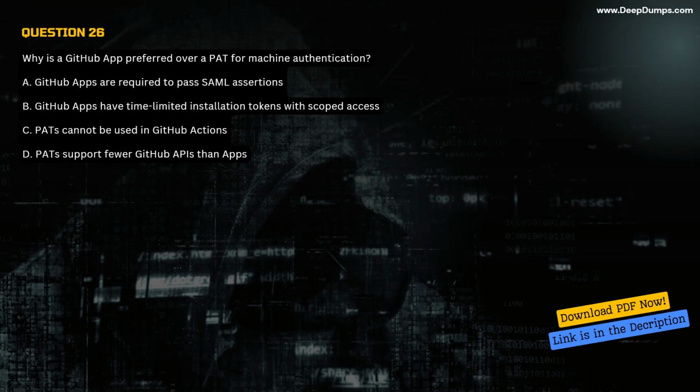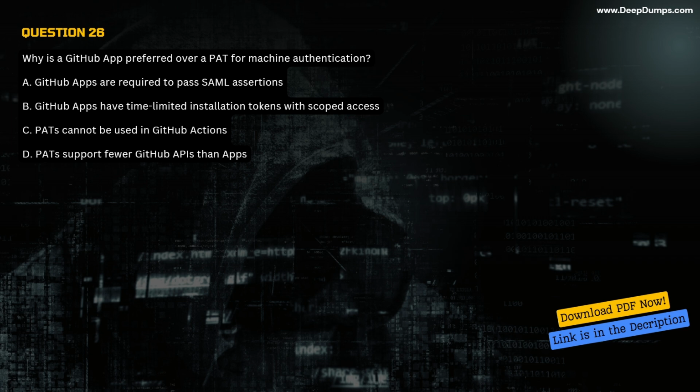Question 26. Why is a GitHub app preferred over a PAT for machine authentication? A. GitHub apps are required to pass SAML assertions. B. GitHub apps have time-limited installation tokens with scoped access. C. PATs cannot be used in GitHub Actions.